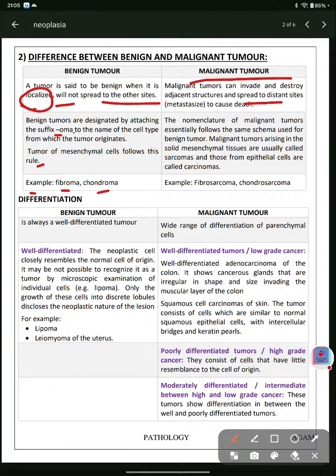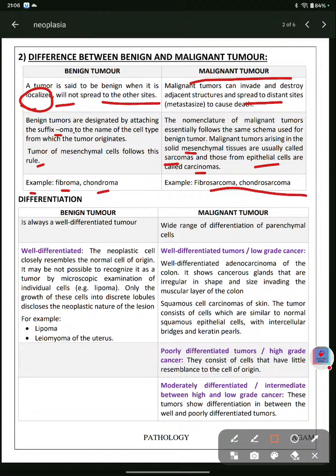Malignant tumors of mesenchymal origin are called sarcomas, and those of epithelial origin are called carcinomas. Examples: fibrosarcoma and chondrosarcoma.